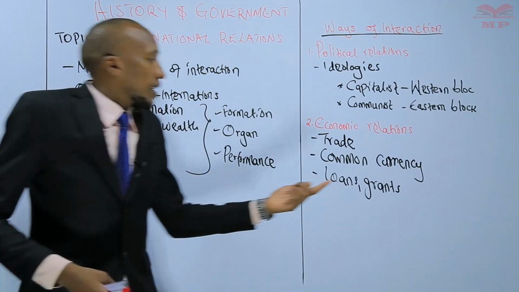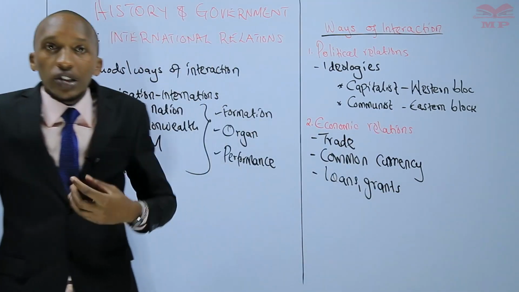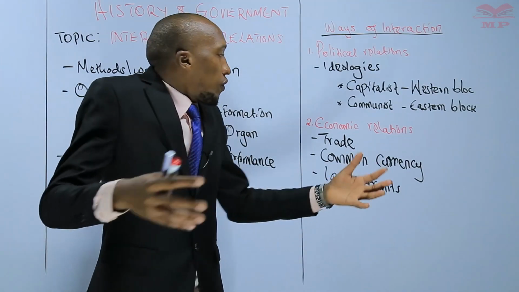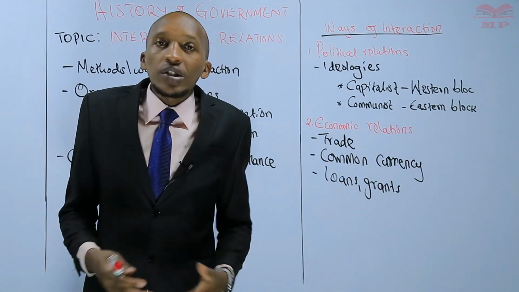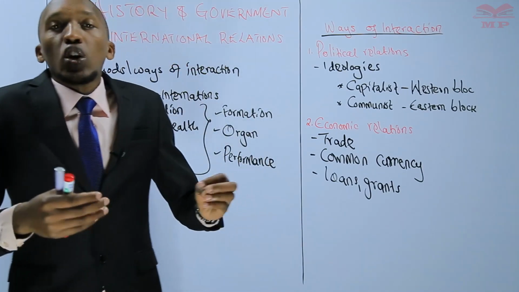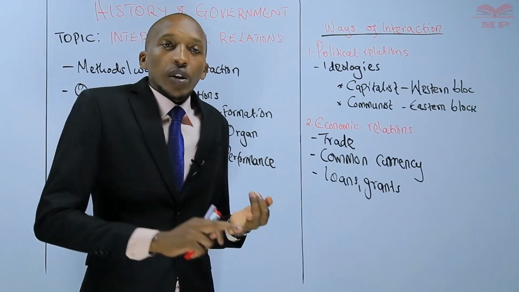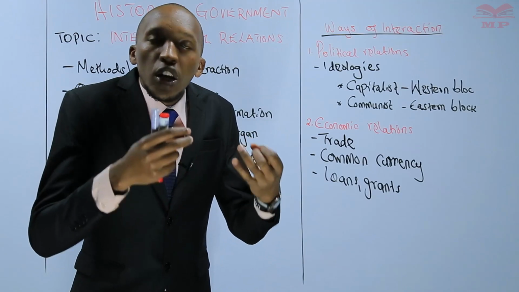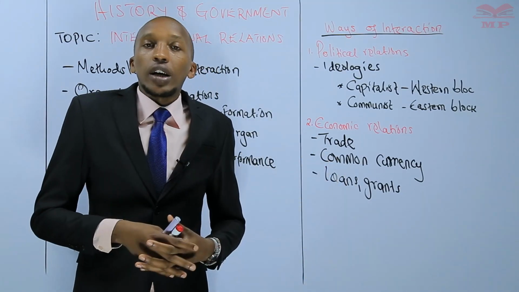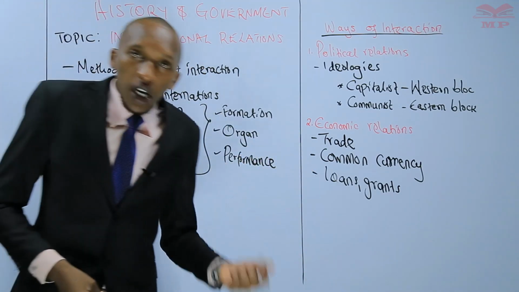They also give grants. Grants is money that is given out and you do not expect it back. It's like a gift. So when you talk of economy, there are countries that were able to share their economic knowledge, and also give physical loans or physical money to make sure that their economies do not go down, right?